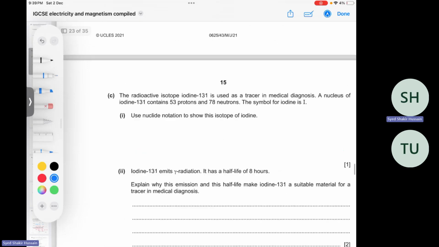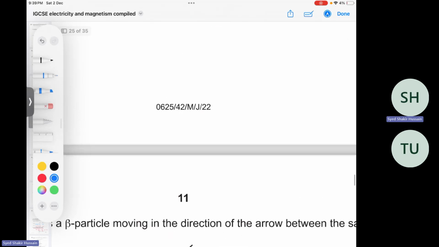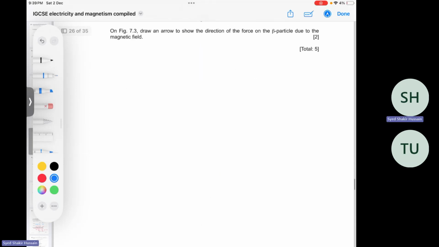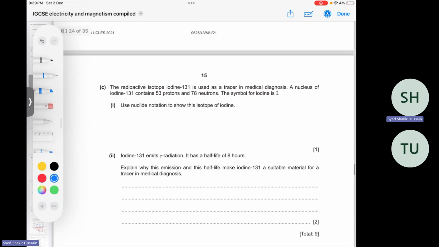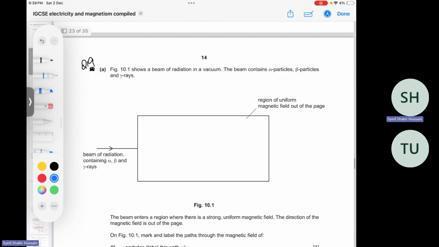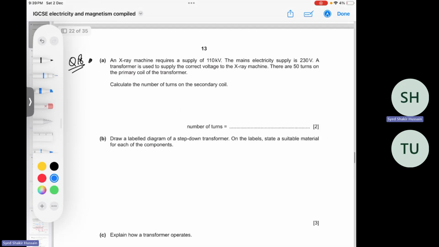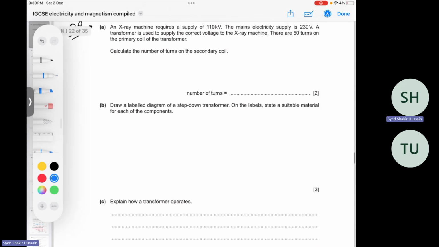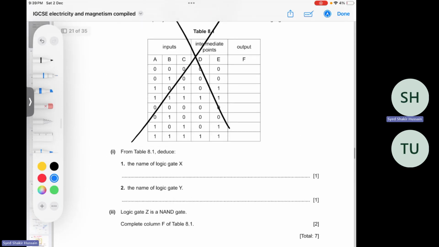All right, so I would want you to do some questions. Note down June 2022, paper 4-2, question number 7. Done? Yeah. And then June 2021, paper 4-3, question number 9.